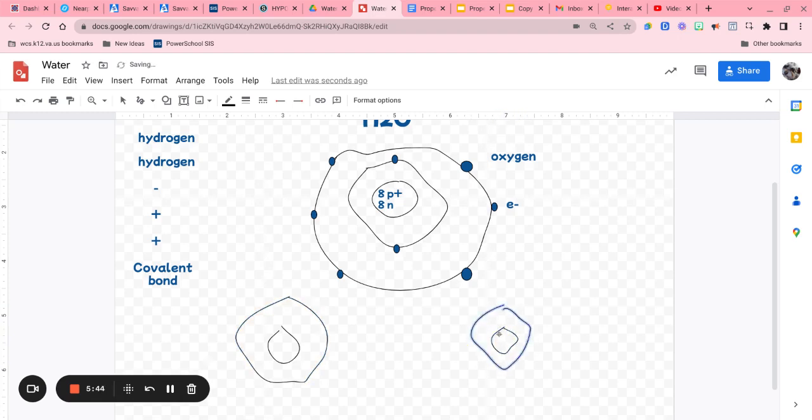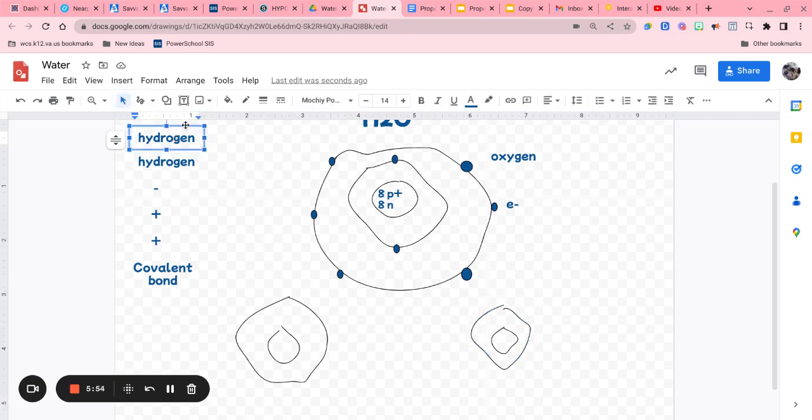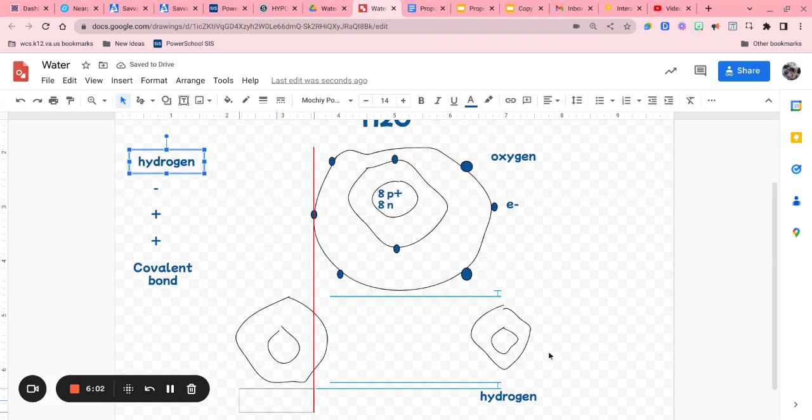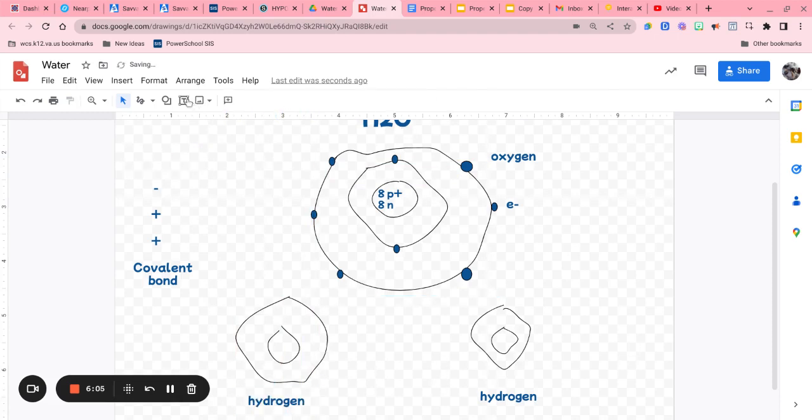So here is the hydrogen, little sad hydrogen, and there's my other hydrogen. Now, if we think back to the periodic table, it tells us that hydrogen has 1 proton.